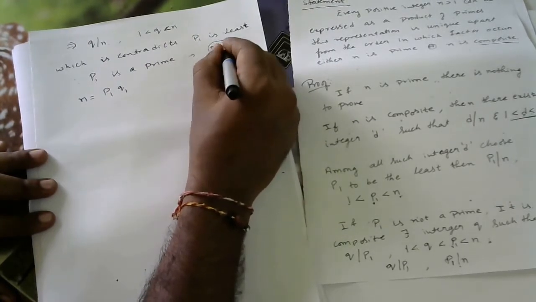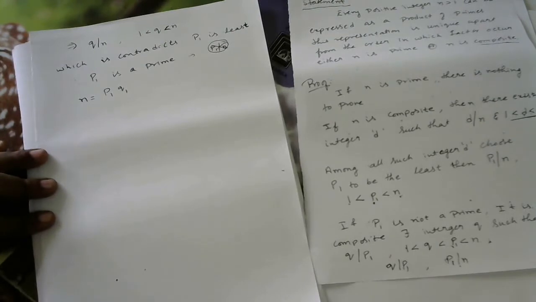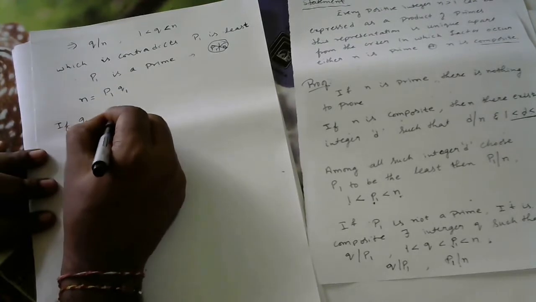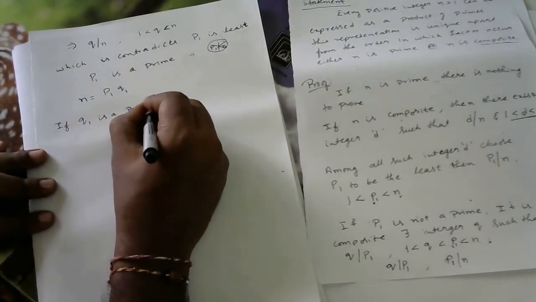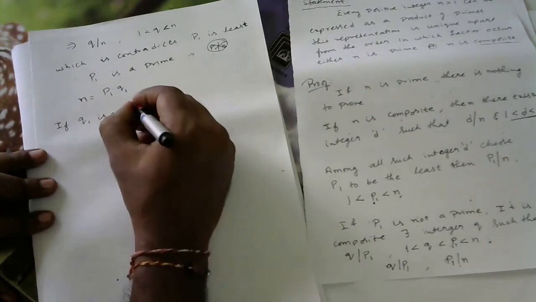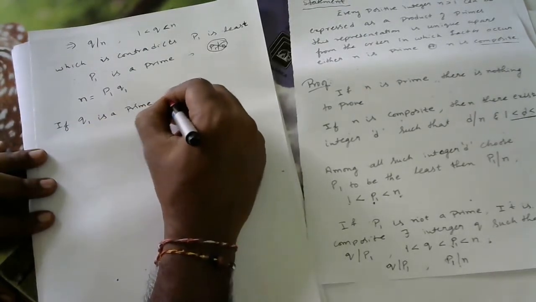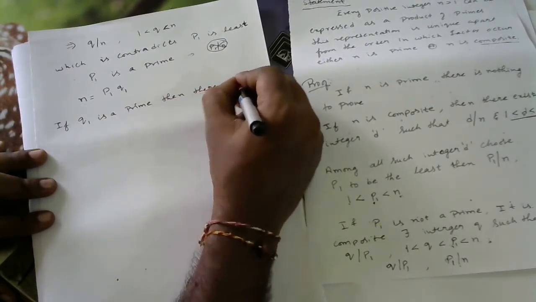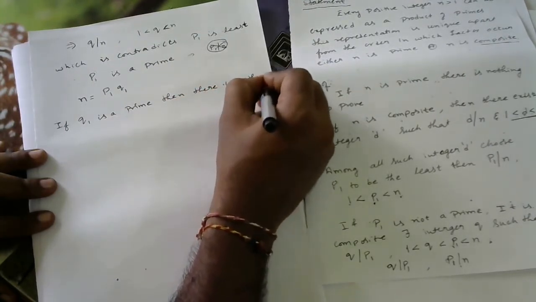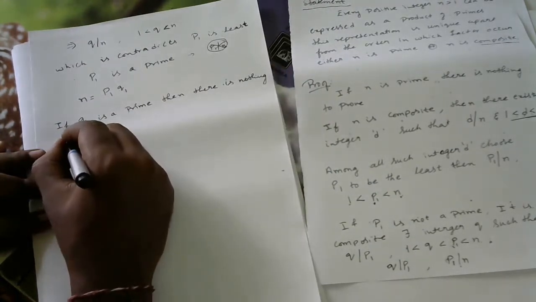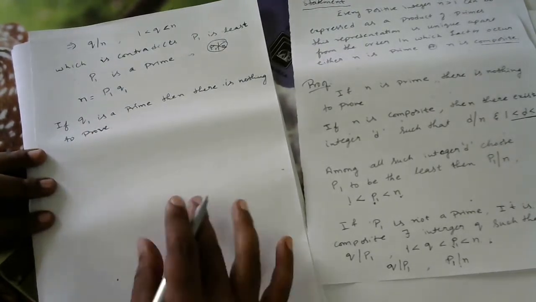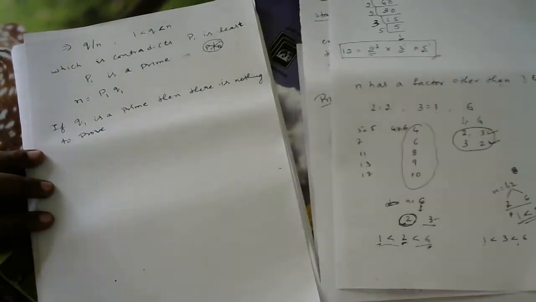Okay, now if q1 is a prime, then there is nothing to prove. If you get confusion, I'll give an example here.